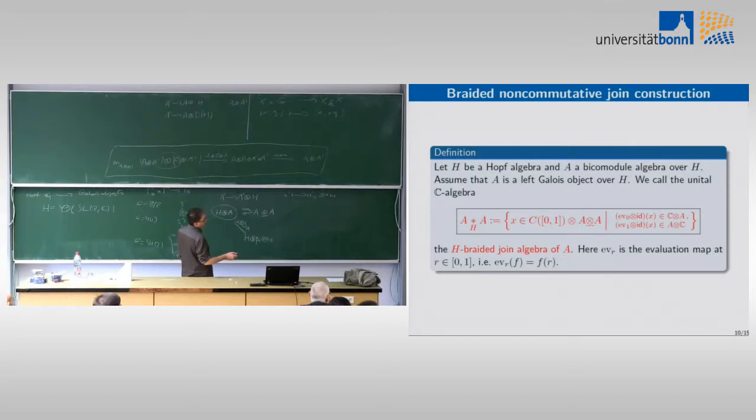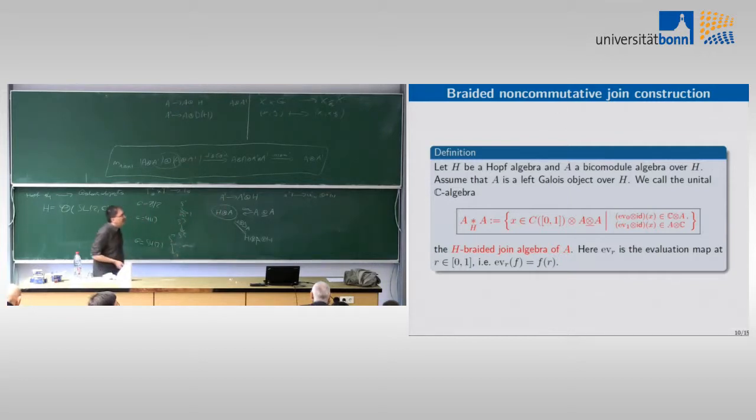I have some function here, I evaluate at 0, and in general I would land in this braided tensor product, but I demand that when I evaluate at 0, I land in the particular subalgebra, which is just complex numbers tensor A. Okay? And on the right-hand side, completely analogously, I demand that when I take my evaluation at 1, I will land not just anywhere in A tensor A, but in A tensor C, which is a particular subalgebra.